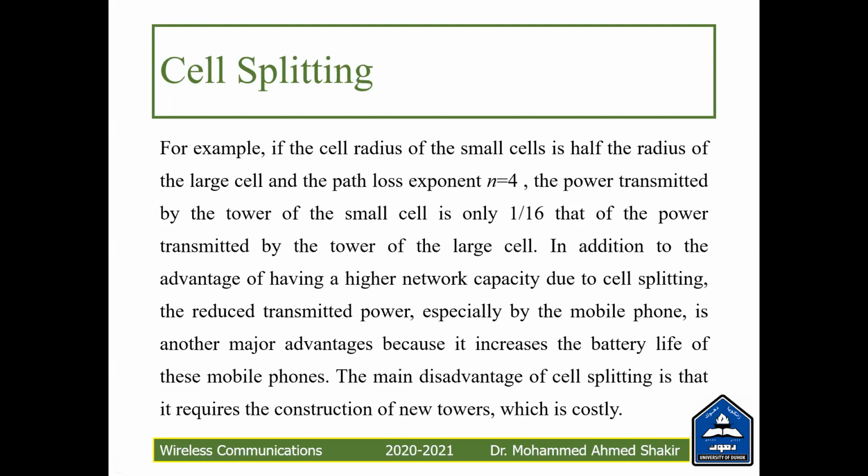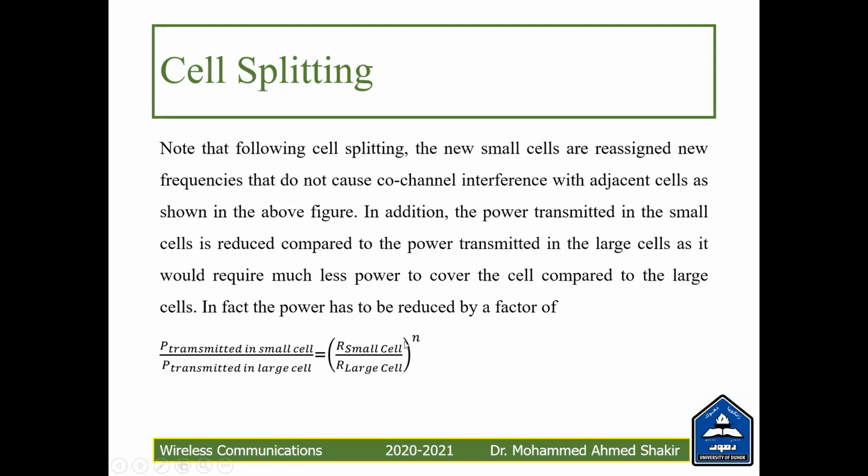Now assume that n, the path loss exponent, will be 4. At that time, we have the following ratio: the power transmitted by the tower of the small cell is only 1/16 of the power transmitted by the tower of the large cell. Why?